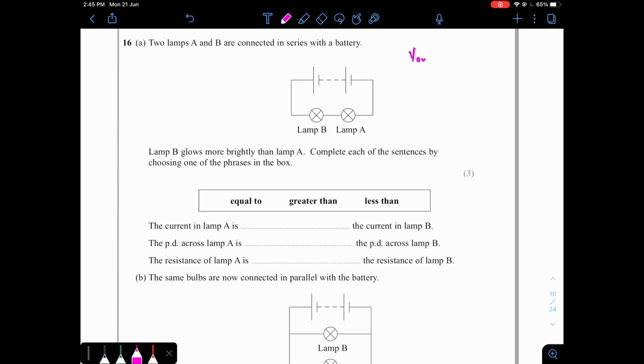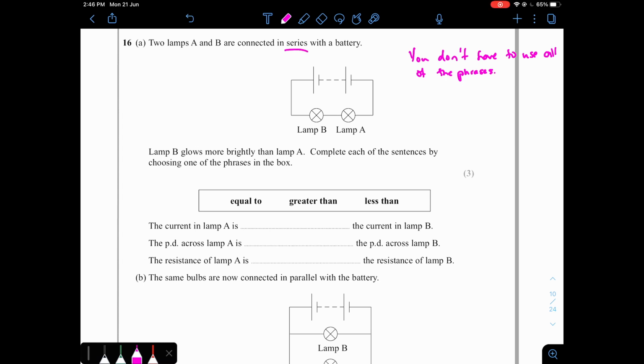You don't have to use all of the phrases, because they don't tell you that. So don't be pressured in thinking I have to use all of them, because maybe you don't need to use all of them. Alright, so they tell you the current in lamp A is something equal to the current in lamp B. This is a series circuit, right?